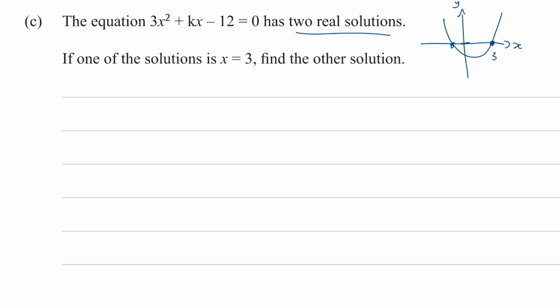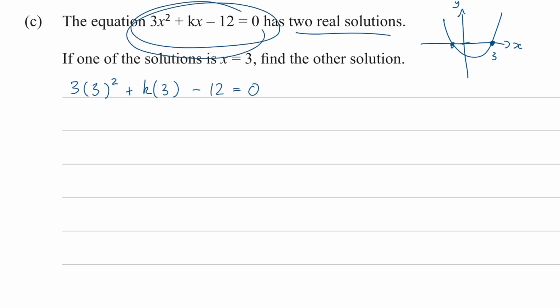Right? In this case, what we can do is substitute in our solution of 3 in for x, and we know, just plugging it into this equation, right? Substituting in 3 for x, so we know it's a solution, so this is valid. We can then solve for k.